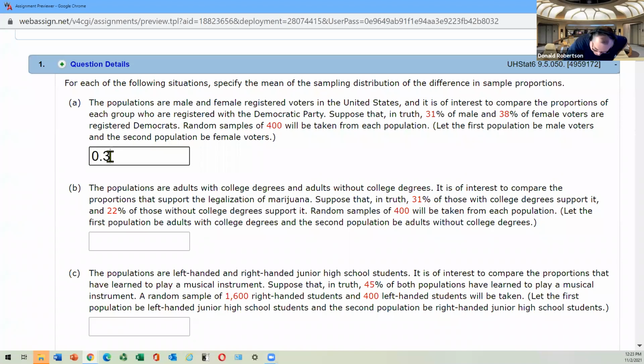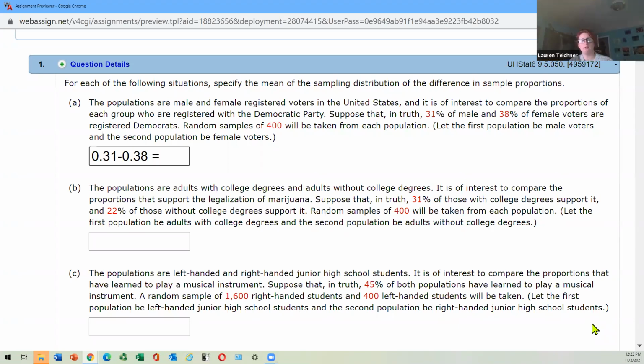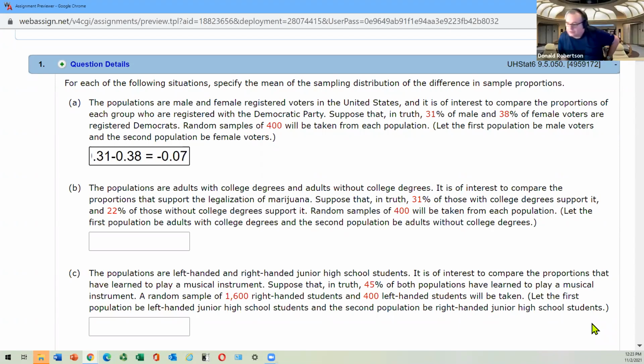You take the first guy to go first, take away the second guy to go second. And you notice that I've turned them into decimals because they don't want a percentage answer. Positive or negative and how much? Negative 0.07. And that's it. That's all you do.